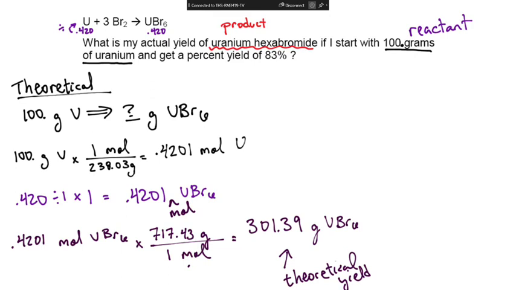So we should only get 83% of 301.39. Whenever you say of in a sentence in math language, that's times. So 83% of 301.39 is 83% times 301.39. So that's how I'll finish this one up here.